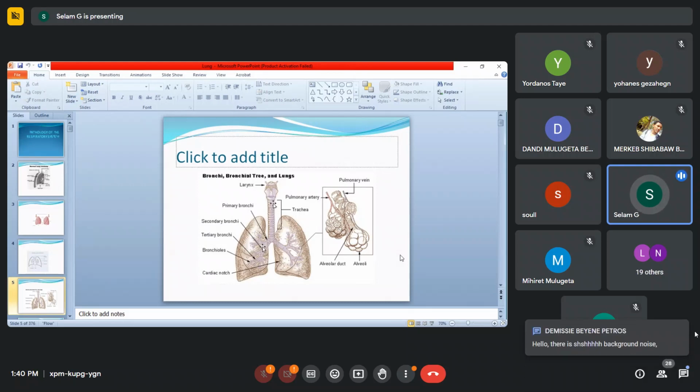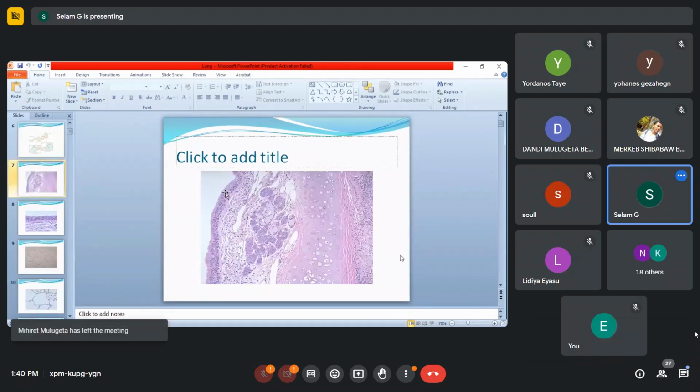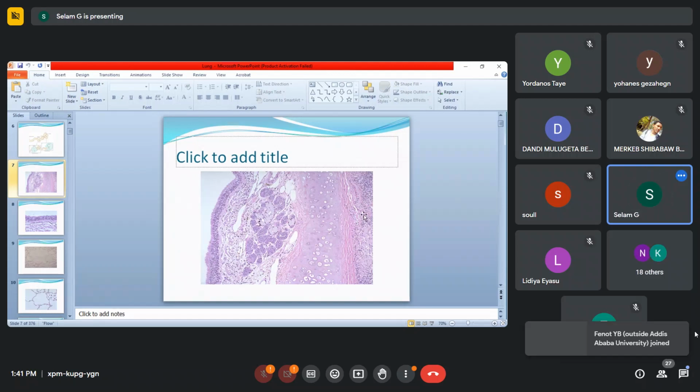When we see the histology, the airways are lined with pseudostratified respiratory epithelium, followed by some mucosa, which contains glands that secrete mucin, and there will be cartilage to some degree of the anatomy.